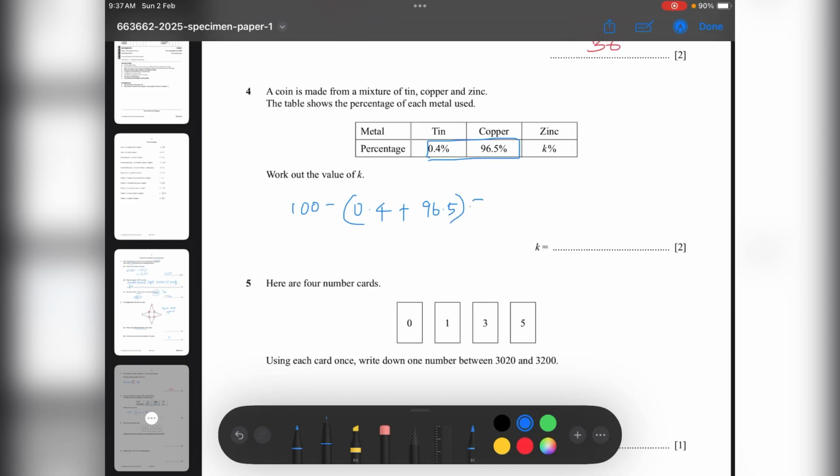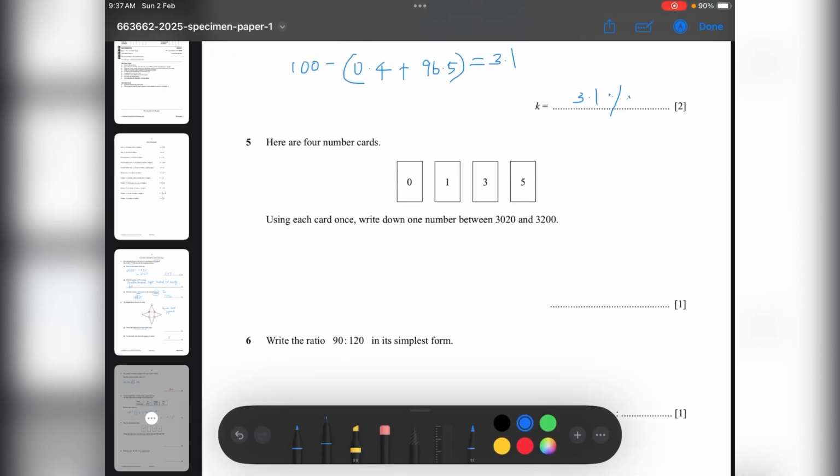So the answer is 3.1 percentage. Please include the symbol properly, students, the sign, the units, because that also counts as marks in mathematics. Okay. Now we'll see the next one.